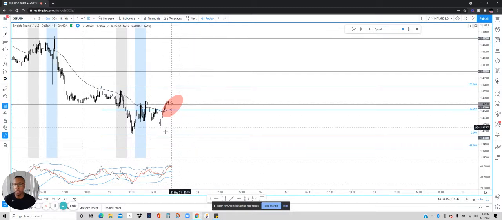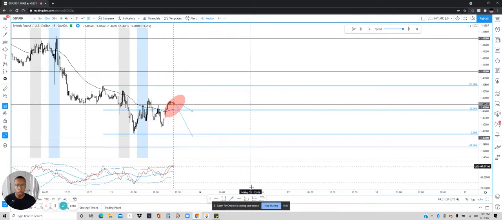I like to have different scenarios. Price can either go from here and make another attempt or run towards the 1.40 level, or price can hold this level, go down to here, and then make a run towards the 1.41 level.